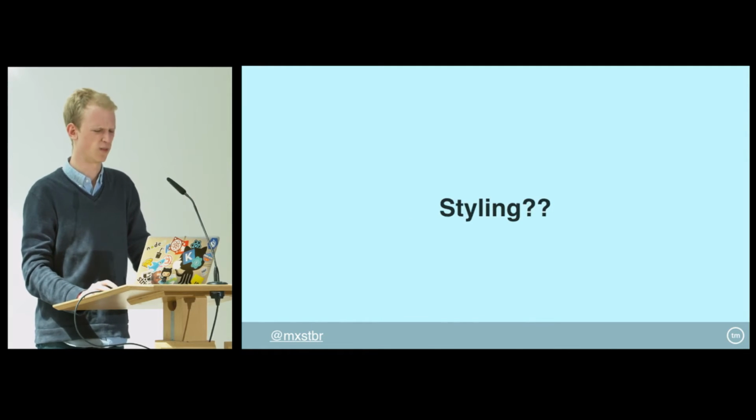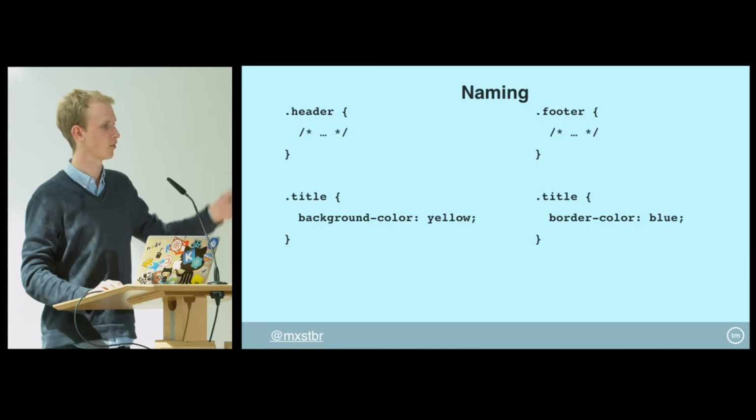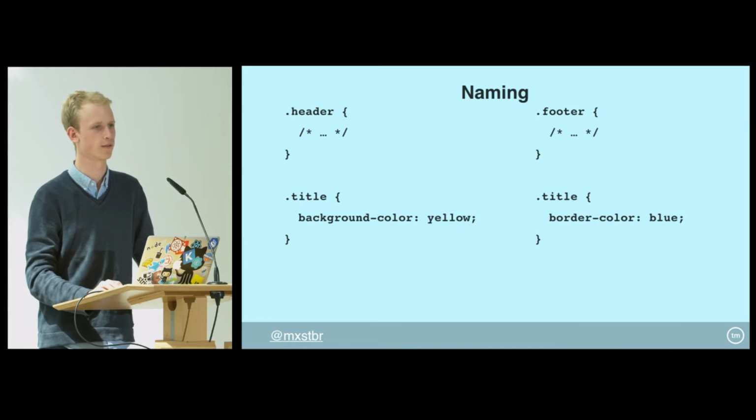But when I tried it, I was like, well, what are we going to do with styling? CSS is really nice. But in a component-based architecture, it has two big problems: global names and inheritance. So with names, I mean, everybody's had this problem probably before. If you've ever written CSS, that has happened to you. You can get conflicts. You have two different CSS files.